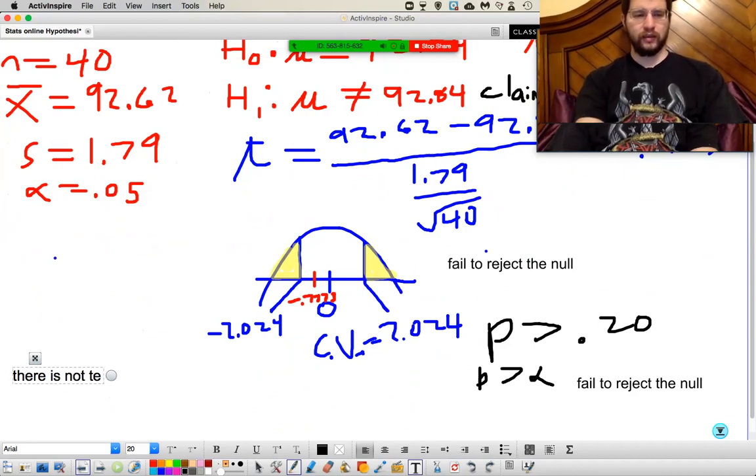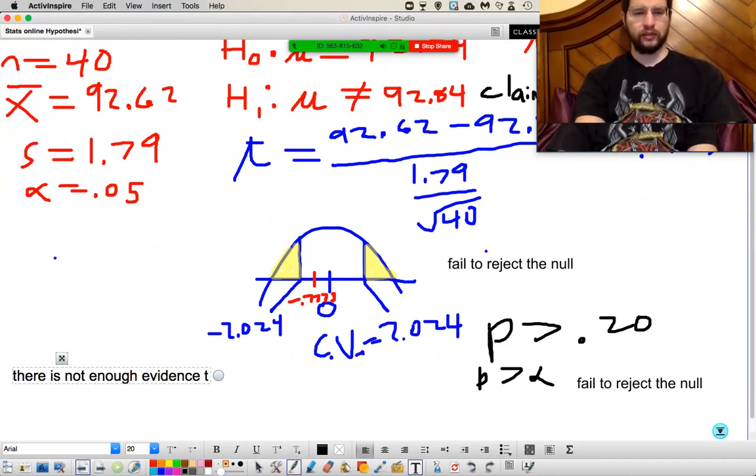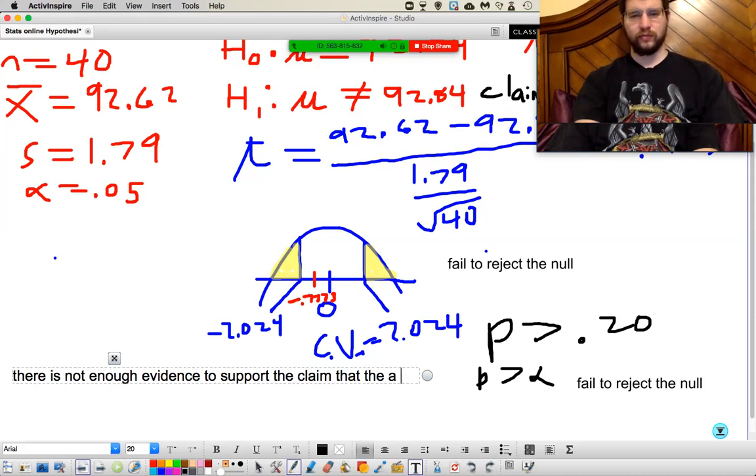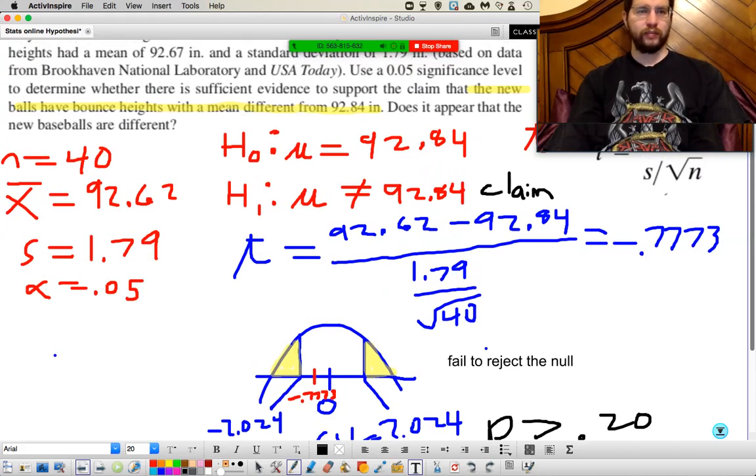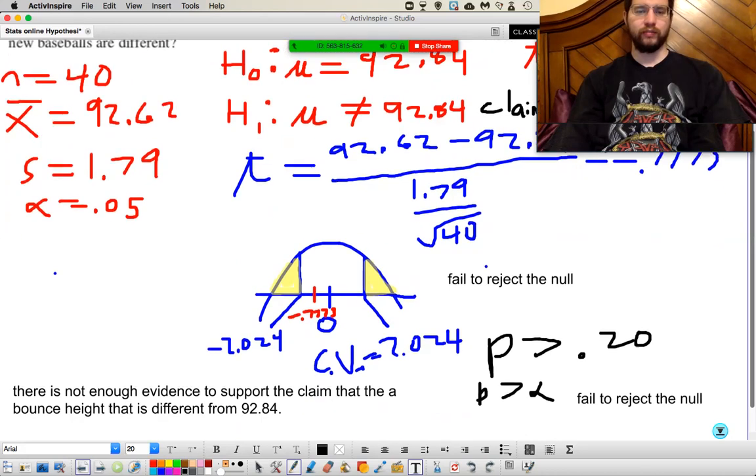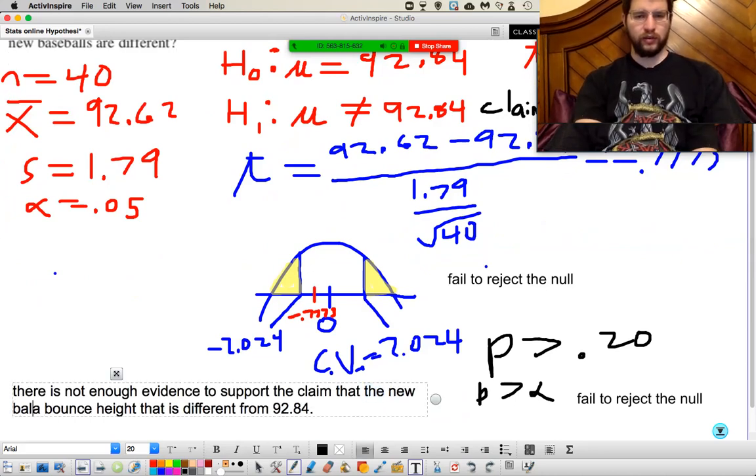There is not enough evidence to support the claim that the new balls have a mean bounce height that is different from what they said.